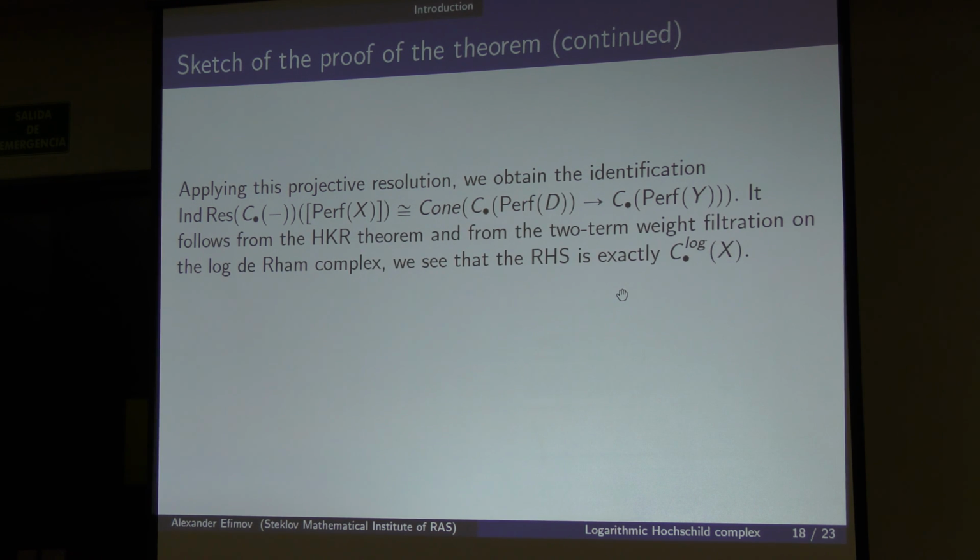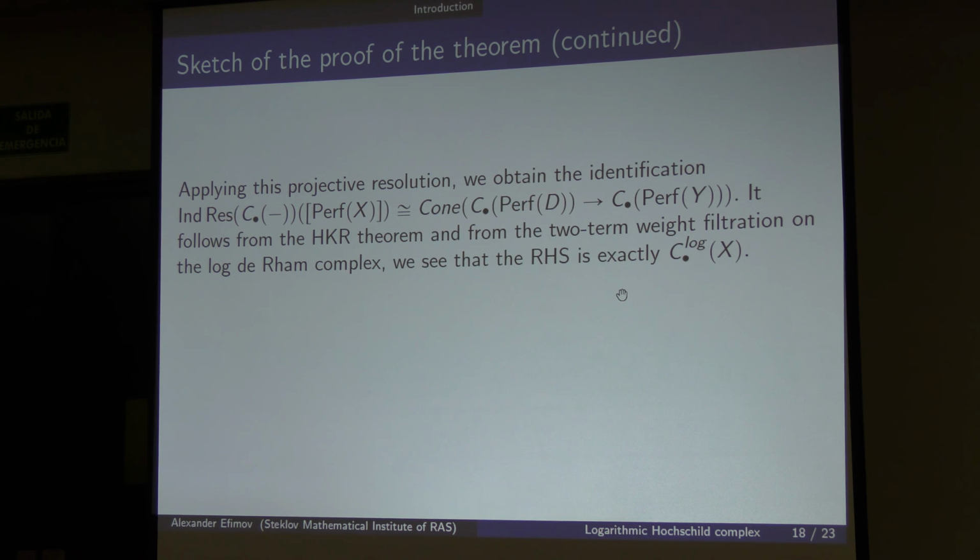And it follows from the HKR theorem and from what I explained about the weight filtration, that this cone is exactly the logarithmic Hochschild complex, which was defined above by taking RΓ of log de Rham forms.